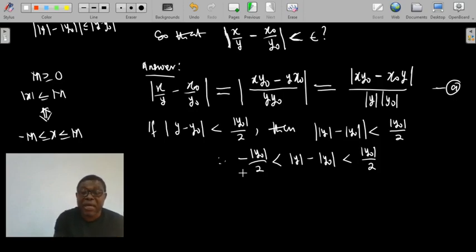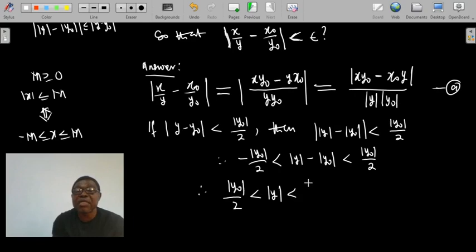So if we now add absolute value of y naught all through, I'll get, therefore, that absolute value of y naught over 2 will be less than absolute value of y, which is less than 3 absolute value of y naught all over 2. This side is also true, but the one that will give me what I'm looking for is this side, because the absolute value of y I'm controlling is in the denominator.